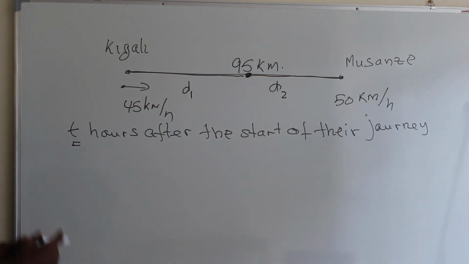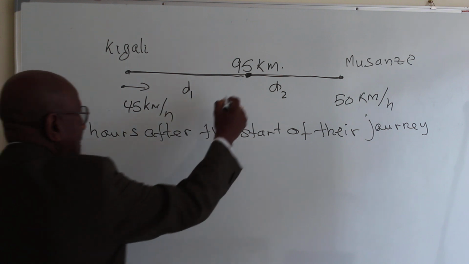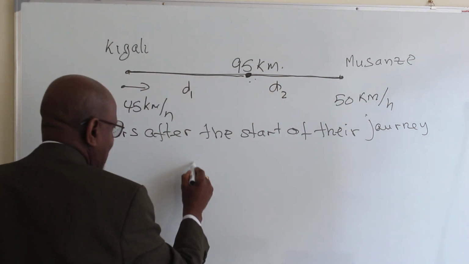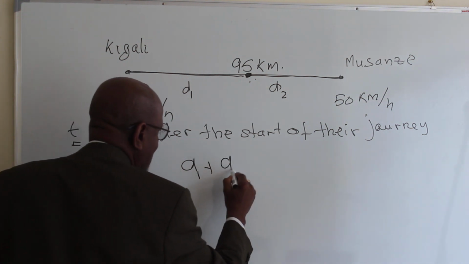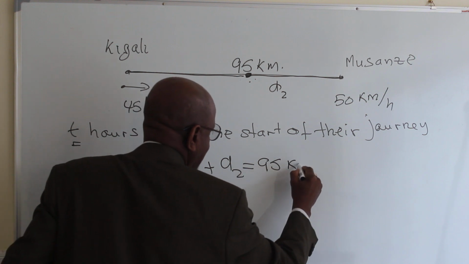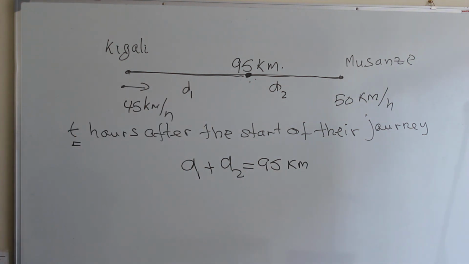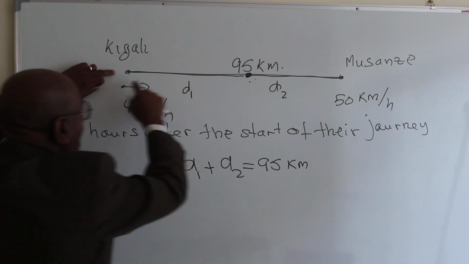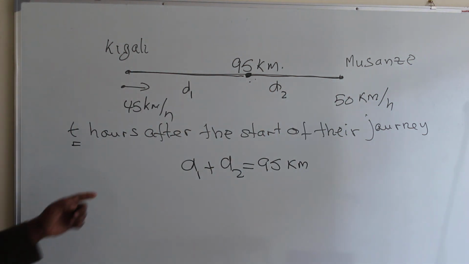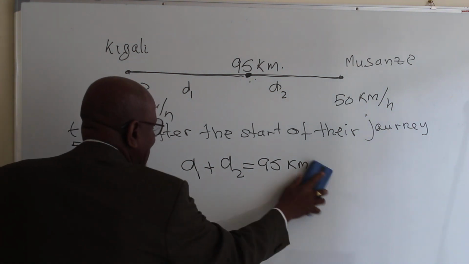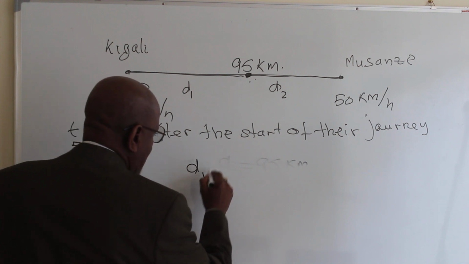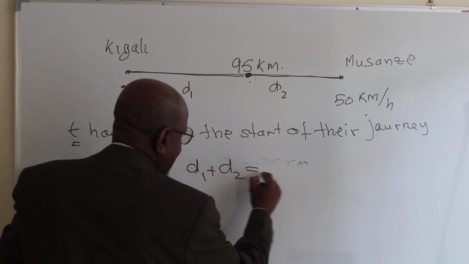We know that when they meet, D1 plus D2 must be 95 kilometers. Why does that have to be? Because D1 plus D2 is the initial distance between the two cars. So D1 plus D2 must be 95. And that's important.